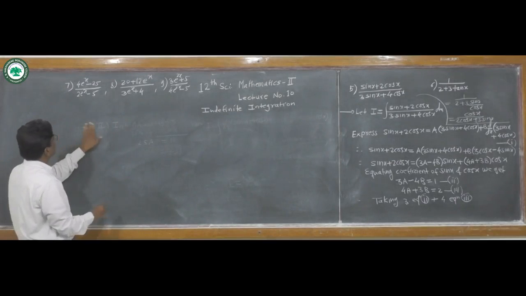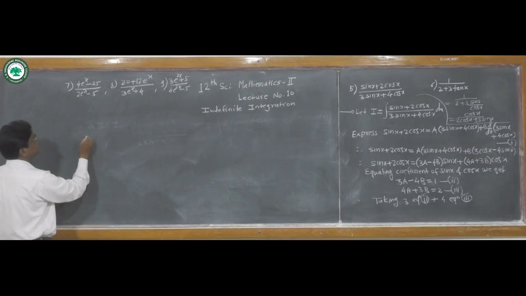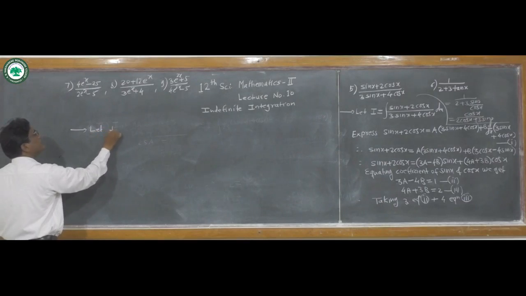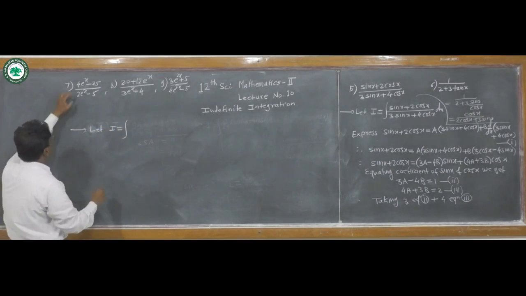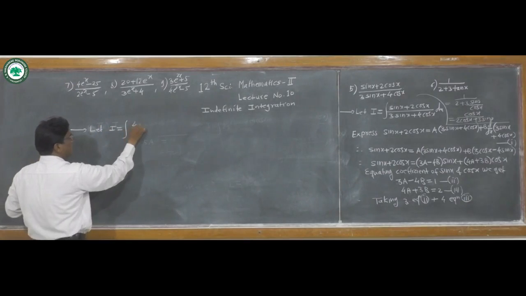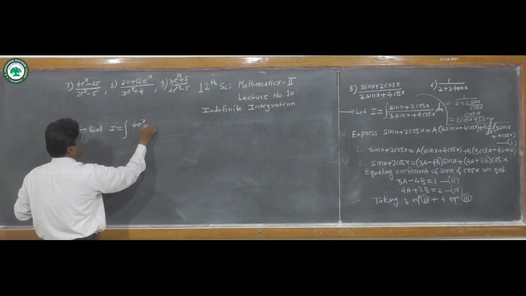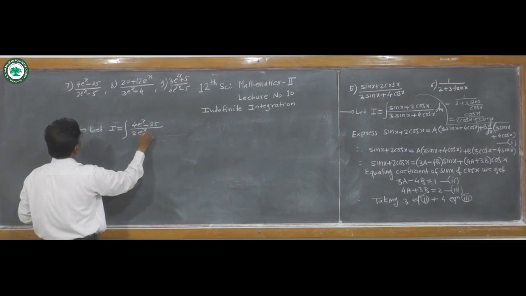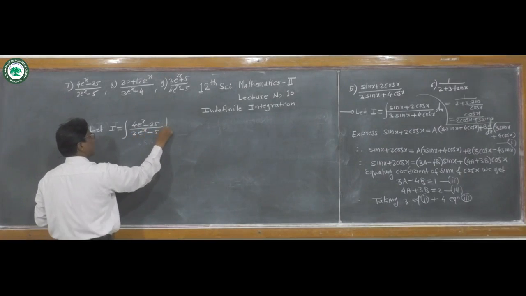Now see the solution of the 7th problem. Let I be equal to the integration of 4e to the power x minus 25 divided by 2e to the power x minus 5 dx.